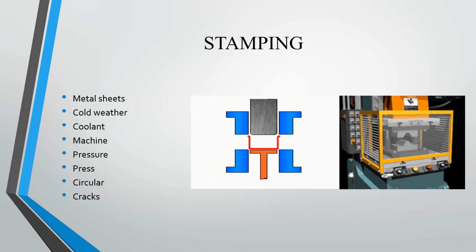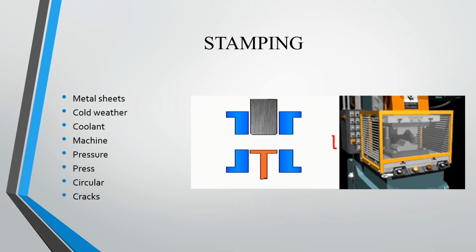Hand stamping, it's about what you have in the machine: two presses, or a pressing tool and a matrix. The material used here is metal sheets, also because you cannot work with bulk material, right?